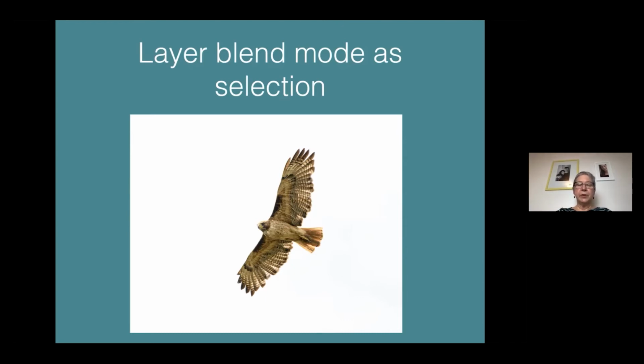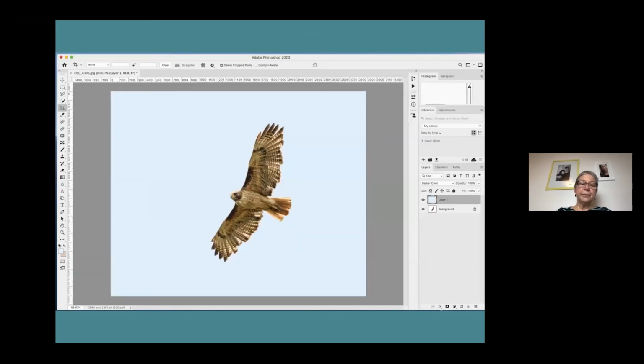If I wanted to add a blue sky, one way I could do it would be to make a selection of the bird and then put that on a layer, and then have a layer of a blue sky. But an easier way is this: I've got the bird on one layer, and then I've got the sky on a layer above it, and you notice the sky is in darker color mode.